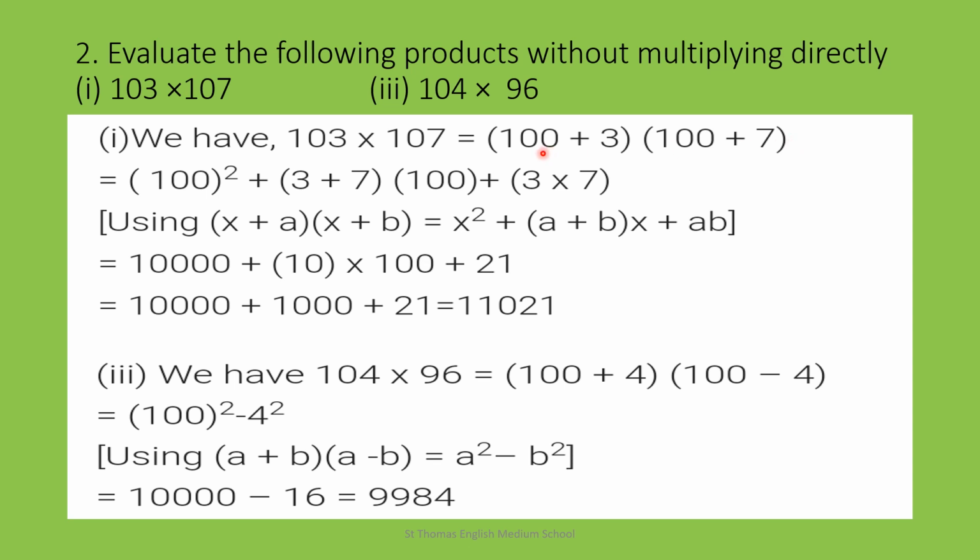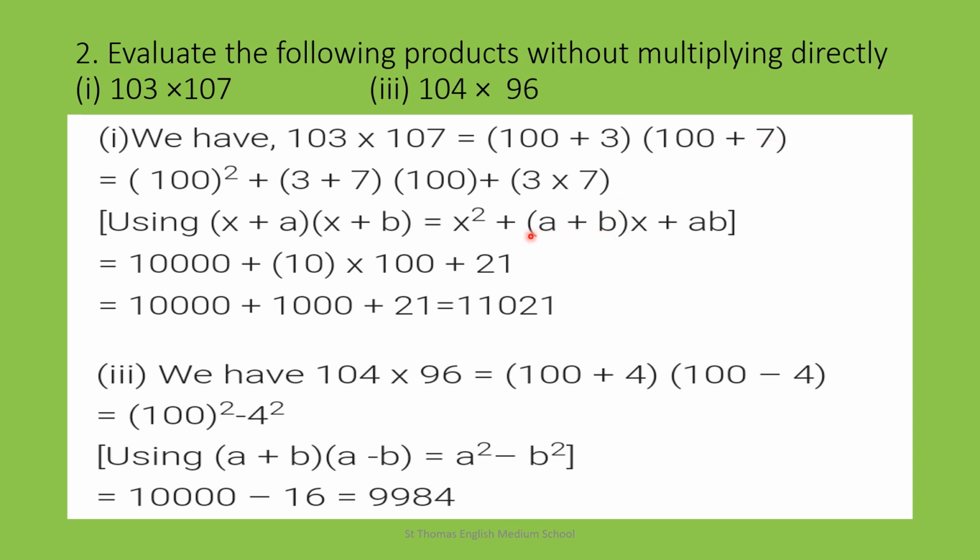Now look at the numbers, 100 plus 3 and 100 plus 7. Which identity can we use here? That is x plus a multiplied by x plus b equal to x square plus a plus b multiplied by x plus ab. Here x is 100, a is 3 and b is 7.